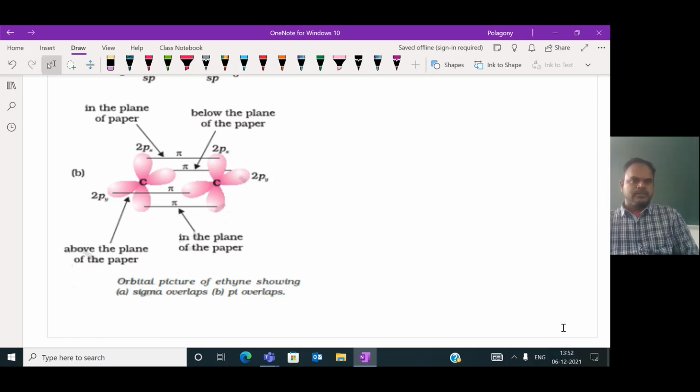Another thing we have to discuss in ethyne, or in alkynes, is that since the hybridization in alkynes is sp, the s character increases. Due to this, the electronegativity of the carbon increases.